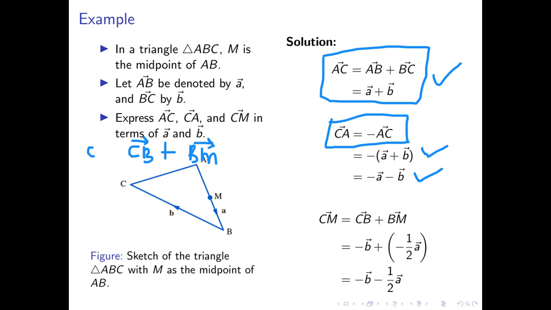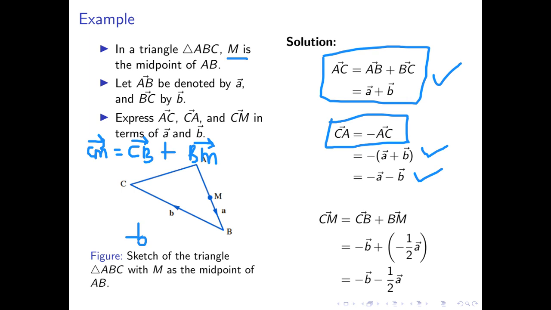However, there are important things we need to take note of. Your vector has both magnitude and direction. So let's consider the directions now. The direction of CB implies that vector B is going in the negative direction. So it becomes minus B. While we note that M is the midpoint from the question, M is the midpoint of AB.